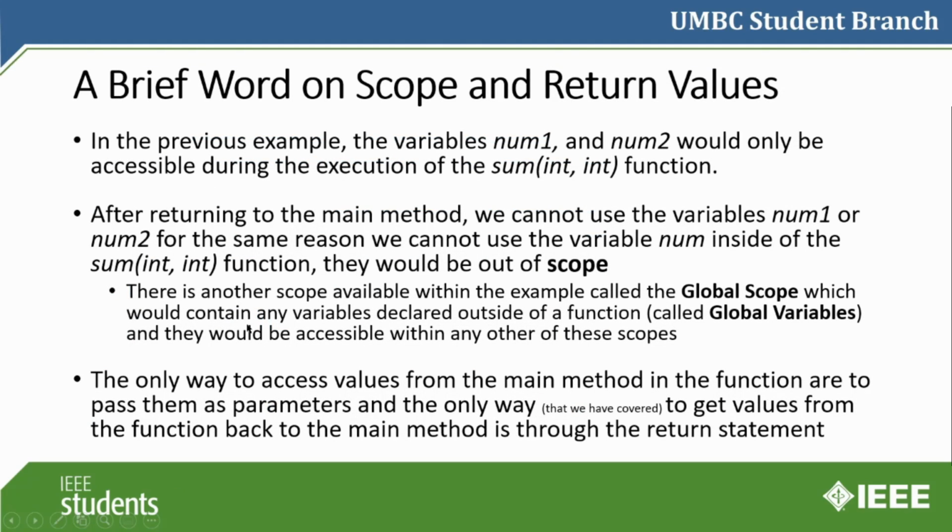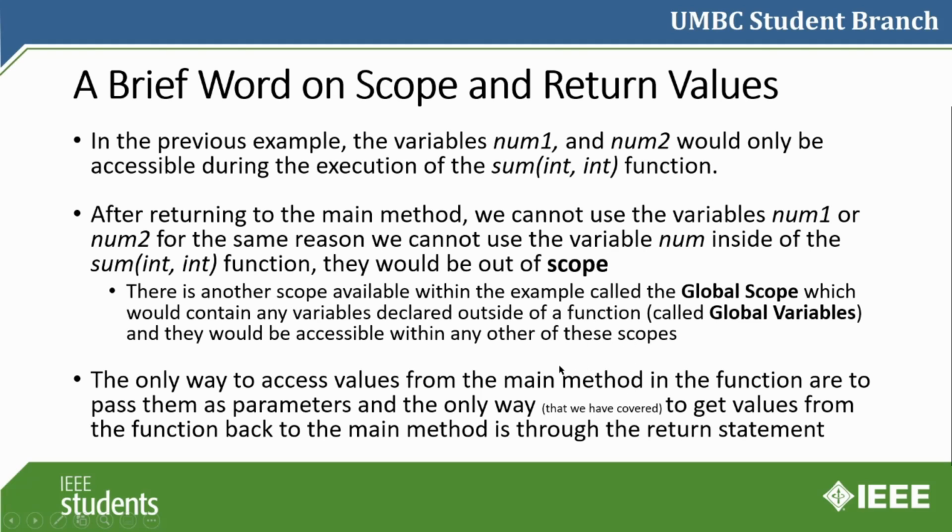The reason for this is because these two parts of the code are in different scopes. At least, that's what they're referred to. There is one scope that both of them have access to, called the global scope, though, which is basically where any variable you store outside of the main method or outside of any other function would be.